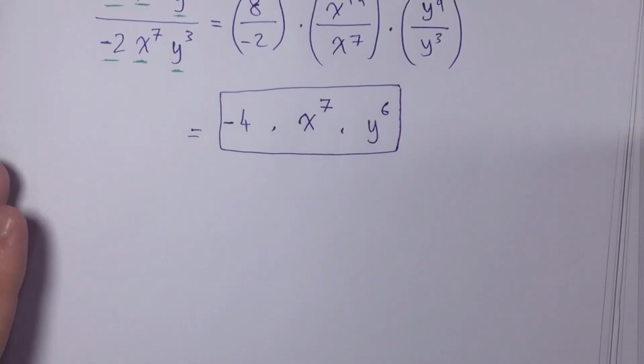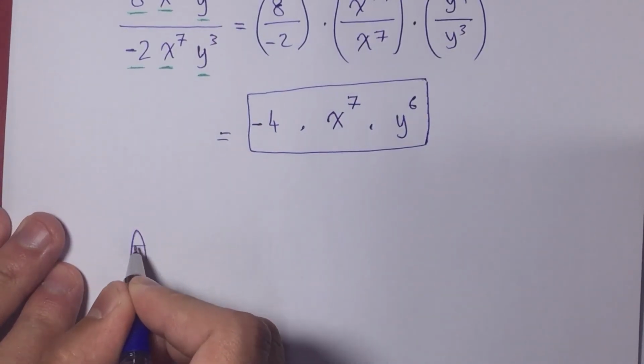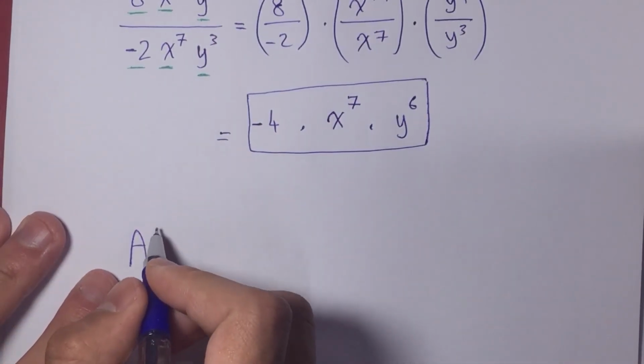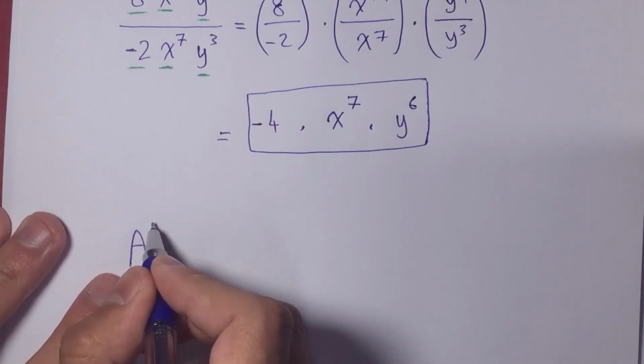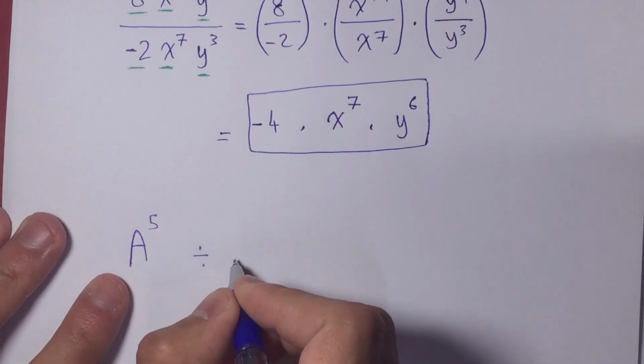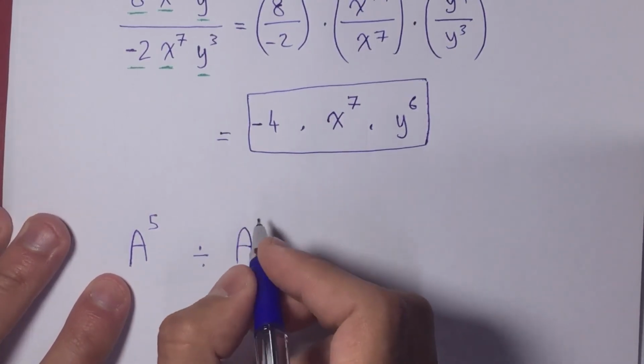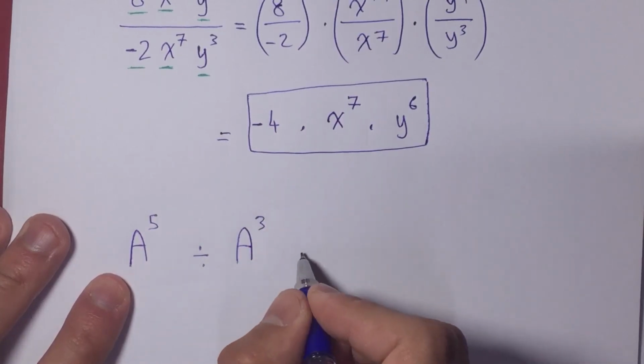Conclusion: the division rule is used if we have the same base, let's say some constant number a, to some exponent, let's say 5, and it is divided by the same base again with a power of something else, let's say 3 here.